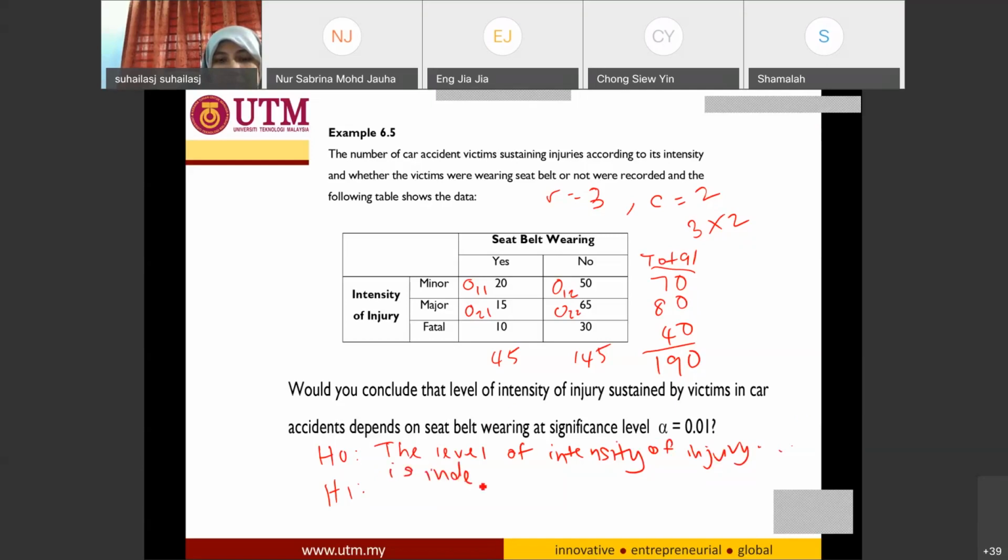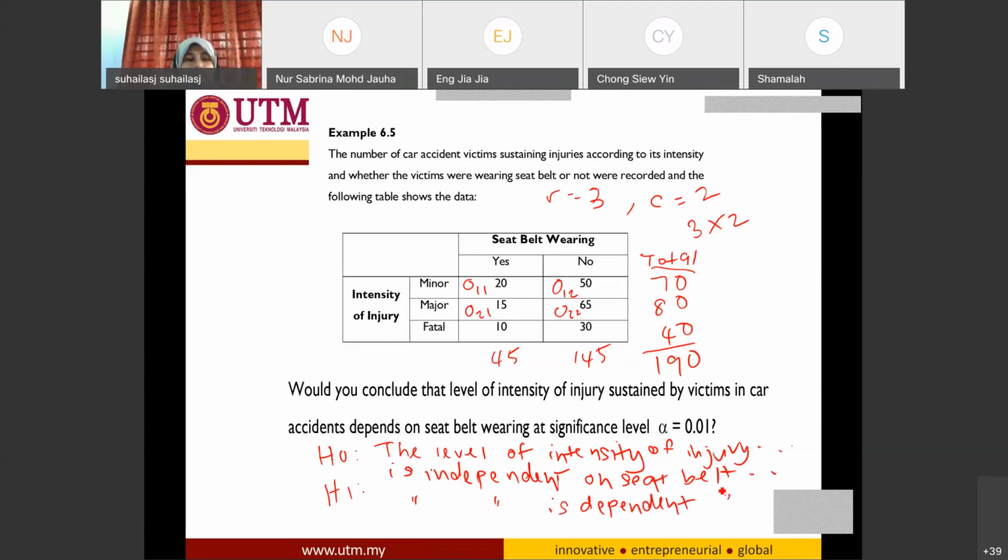The word here is independent. In your alternative, the same thing, but it is dependent.